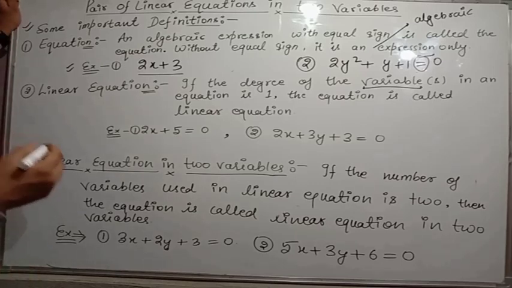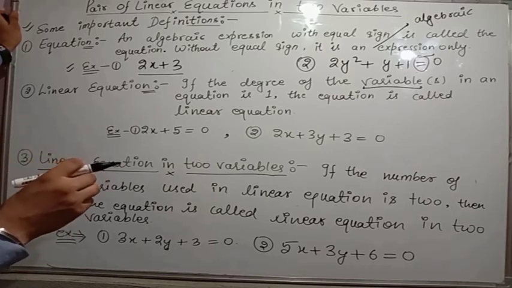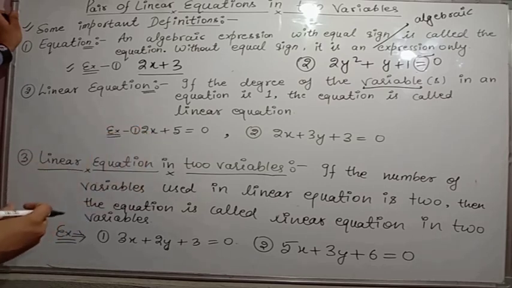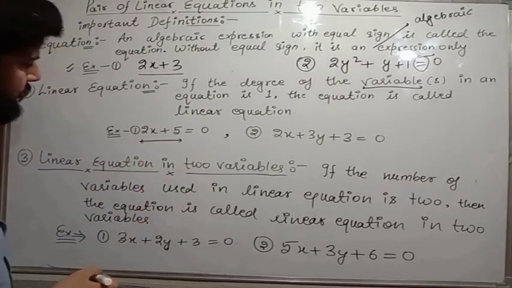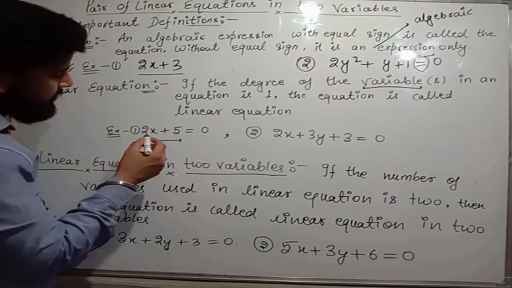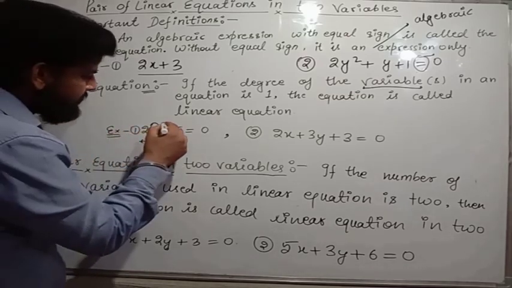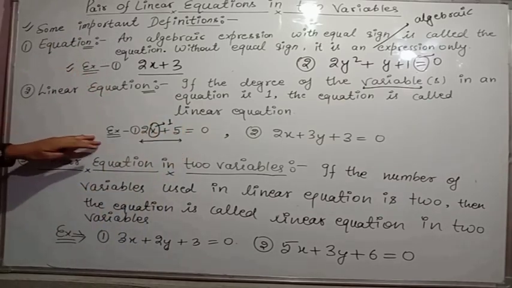So if the degree, meaning the highest power of a variable, is equal to 1, then we say that is a linear equation. For example, 2x plus 5 equals 0. As we can see, x is a variable and x has degree 1. So this is a linear equation.